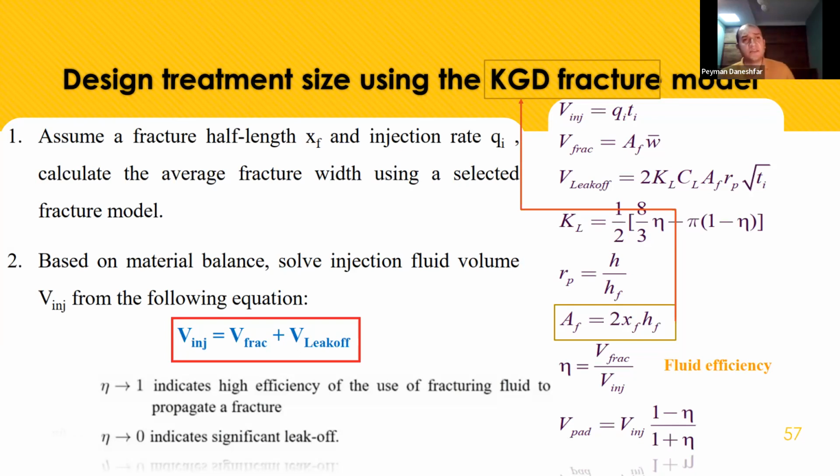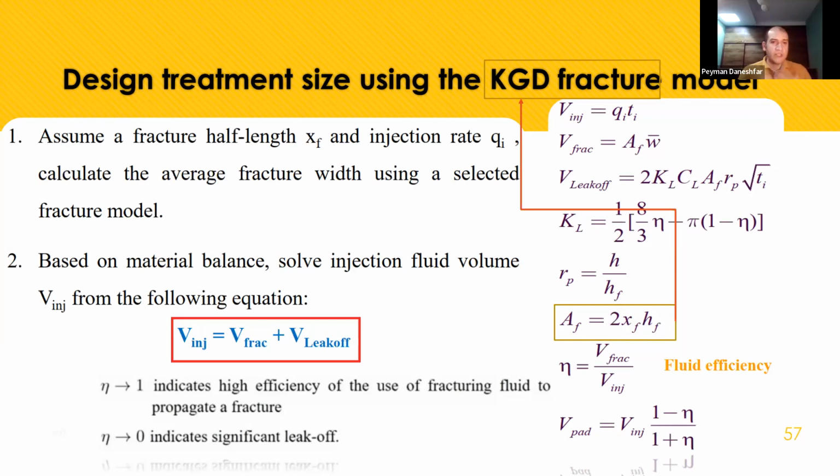Another thing that's important for us is the fluid efficiency, eta. Eta means the ratio of the volume of the frac to the volume of the injection. When we want to find the volume of the pad that we want to inject, it depends on the volume of injection and the fluid efficiency.